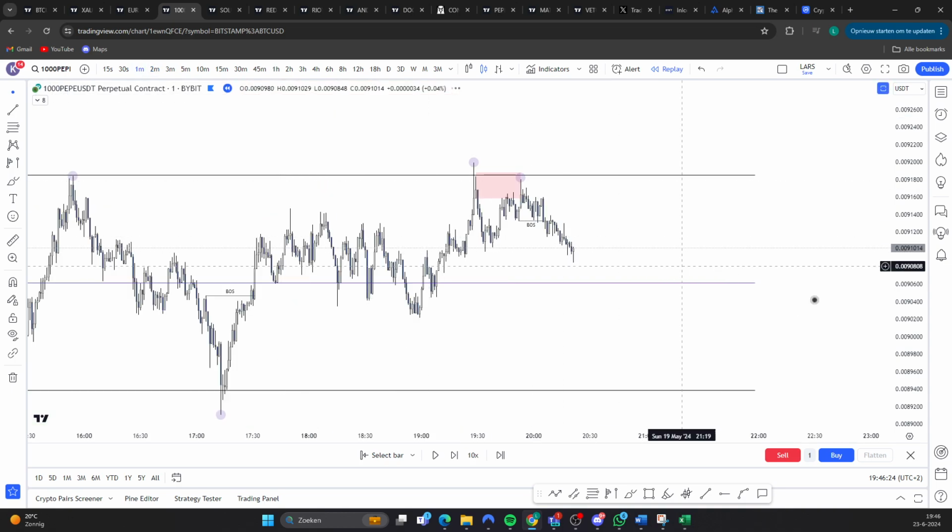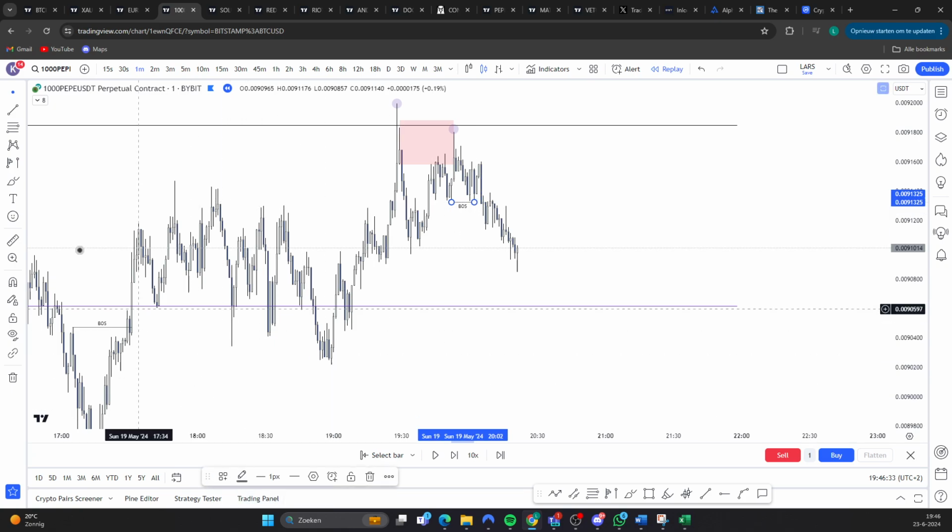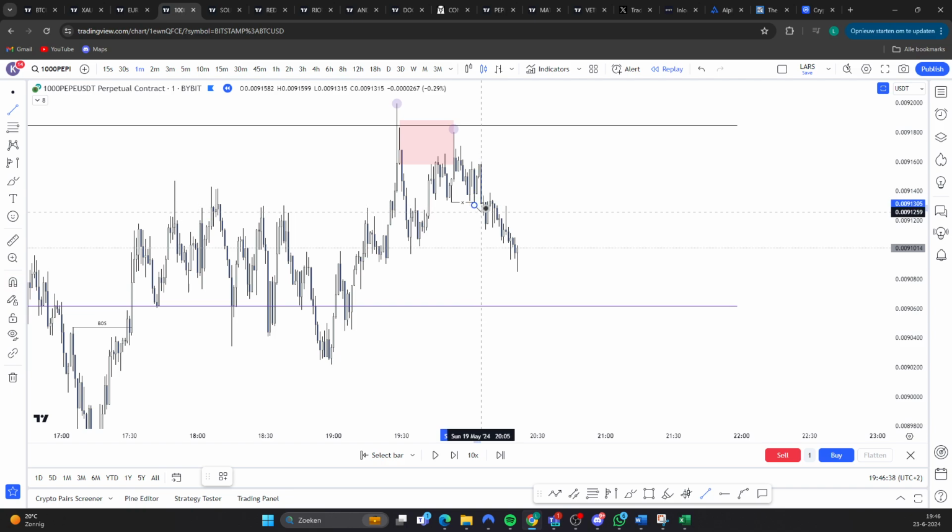I would just try to de-risk myself as quickly as possible. I would keep it tight. So here, SFP, this is your break. There's your retest.